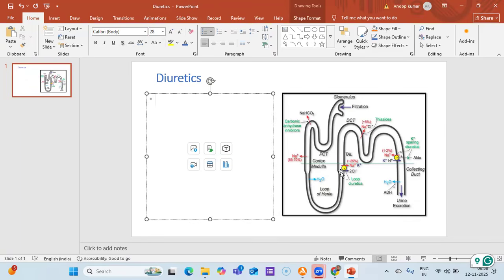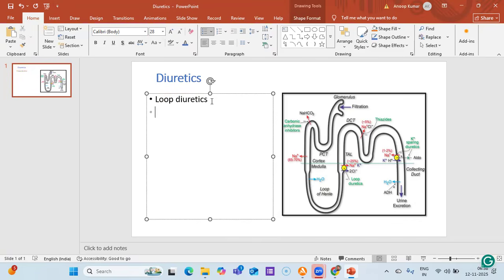This is the descending, this is the ascending, right? That's why we also call them loop diuretics, because they act on the loop of Henle.